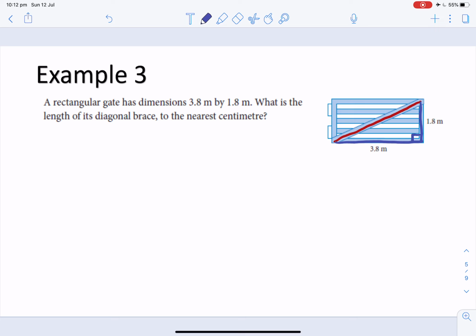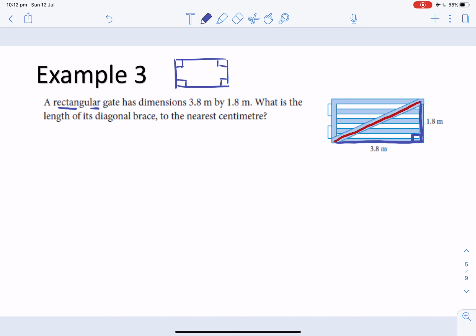It says rectangular gate. Now it doesn't stipulate right angle, but we know a rectangle has 4 right angled corners. So excuse my poor picture. That's my rectangle, and it has 4 right angled corners, implying that this gate has one as well.